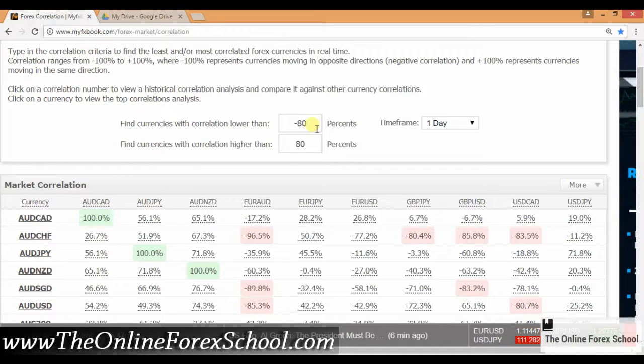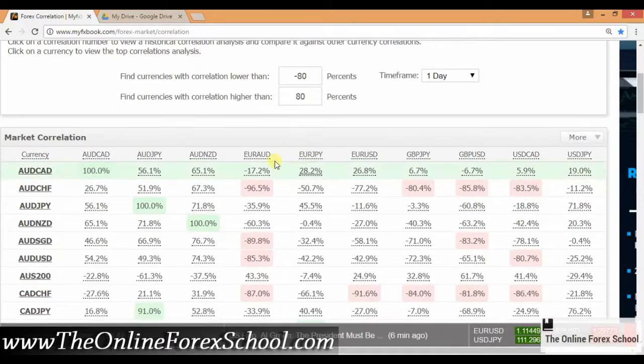So if I want to trade Euro Australian dollar, and I've selected Euro Australian dollar as one of my currency pairs, I can now see that Australian dollar Swiss franc has a -96% correlation to it, which means that if Euro AUD is in an uptrend, then AUD Swiss franc will be in a downtrend.